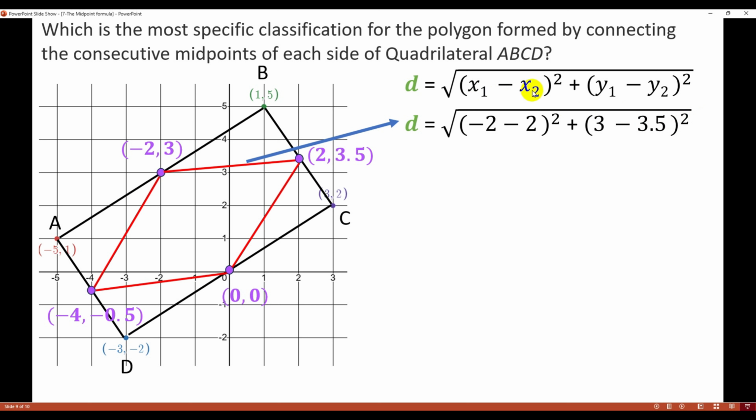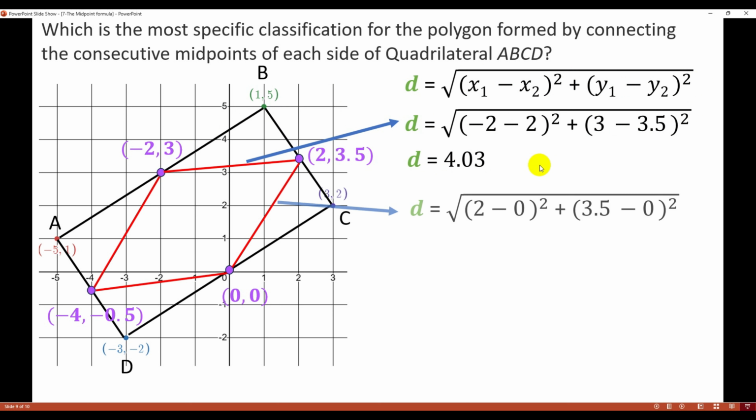Okay, because remember, this is the distance formula. We subtract the x's and raise to the power of 2, and then we subtract the y's and raise to the power of 2. And that's exactly what I'm doing here. So if you put this in a calculator like Desmos, you will get the distance is 4.03 approximately. Now let's find the distance of this side here.